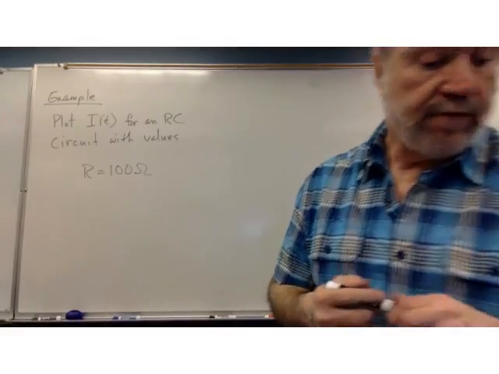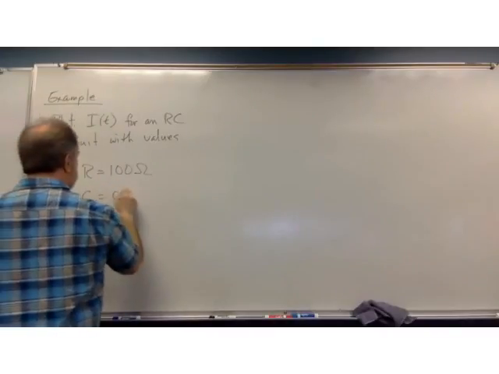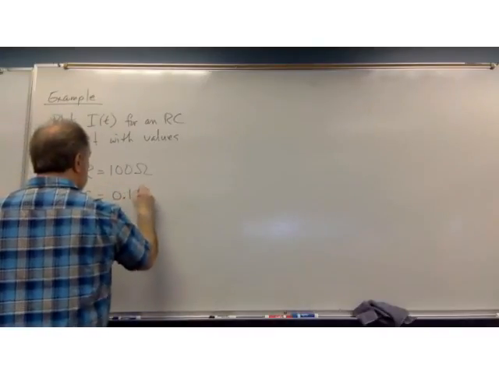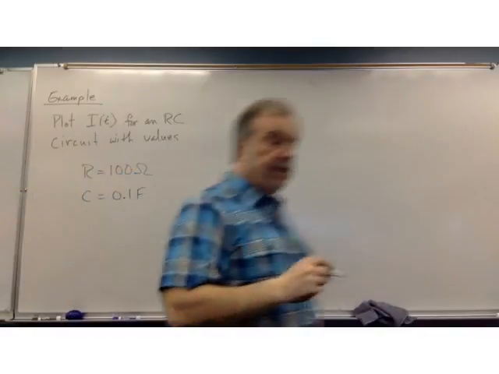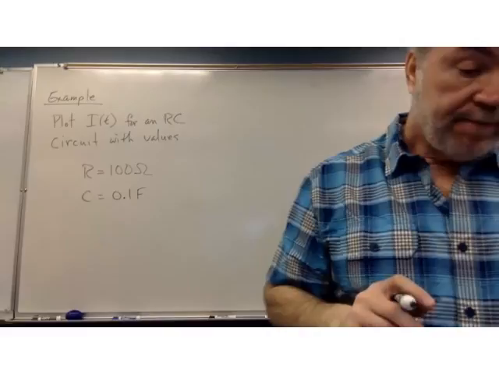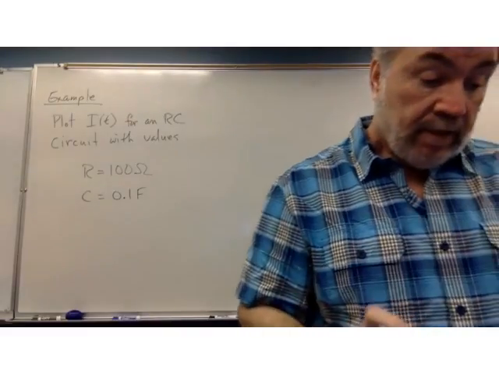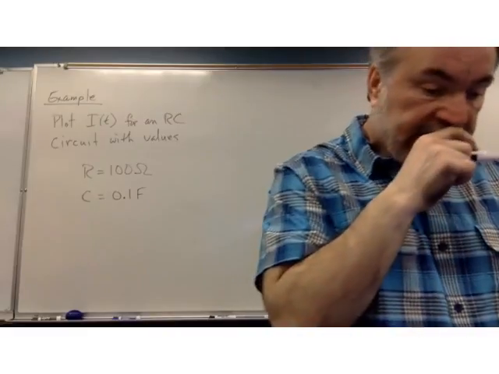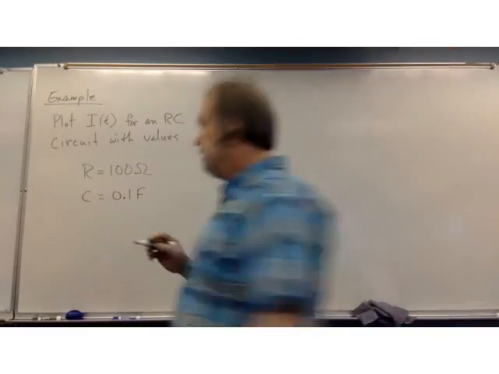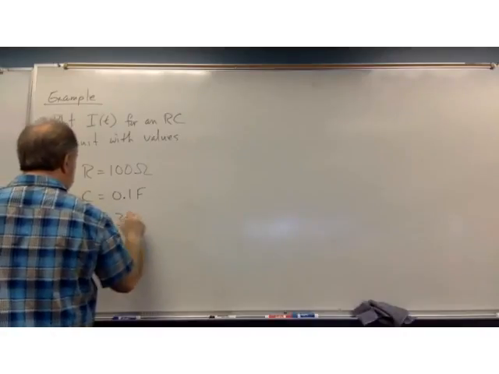Okay, so anyway, and then capacitors, you know about capacitors. So suppose that we have a capacitor whose capacitance is pretty big, 0.1 farads, a tenth of a farad. And suppose we charge this thing up with a couple of D-cell batteries, so 3 volts.